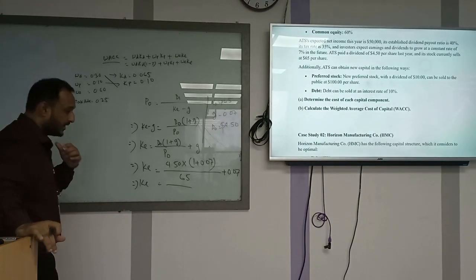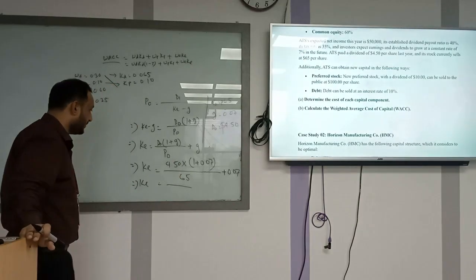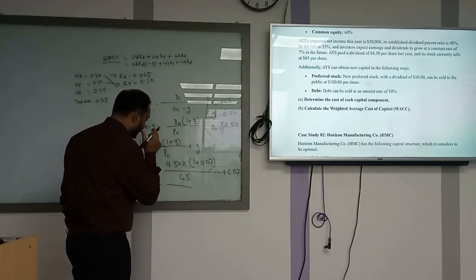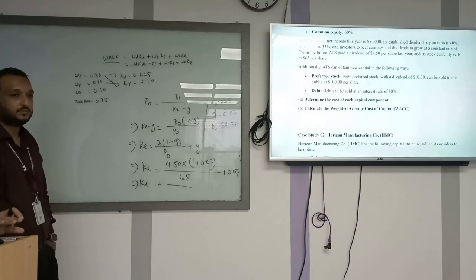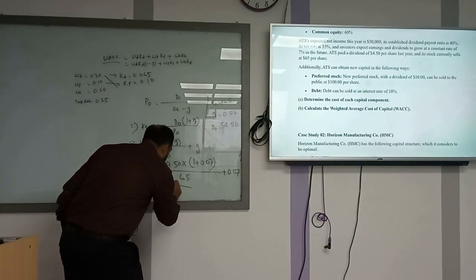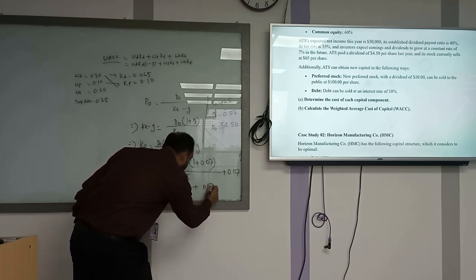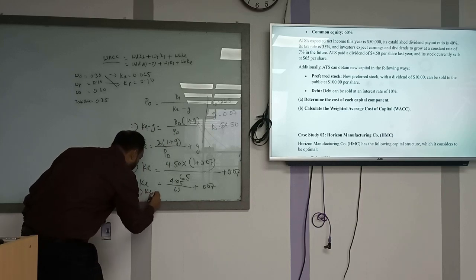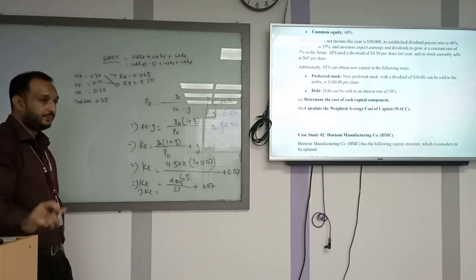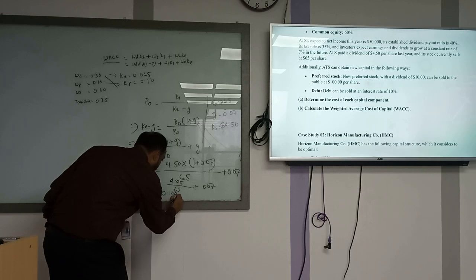So 4.5 into 1.07 gives 4.815. Then 4.815 divided by 65, plus 0.07. So KE is equal to 4.815 divided by 65, and that gives 0.144 in total.